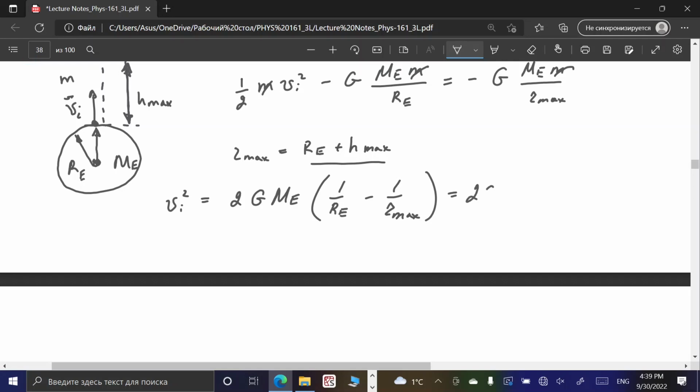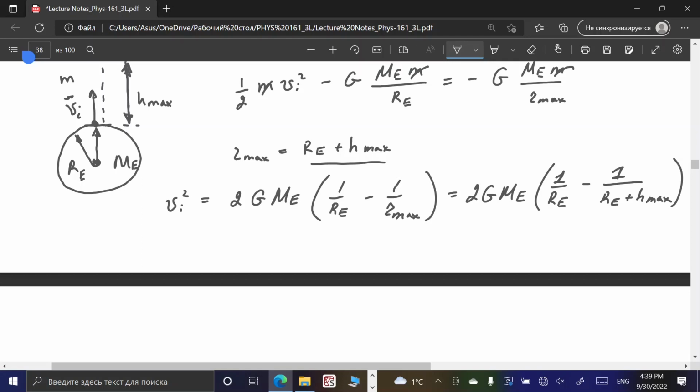So it will be 2G times Me times 1 over Re minus 1 over Re plus h maximum. So this is the expression for v_i squared.